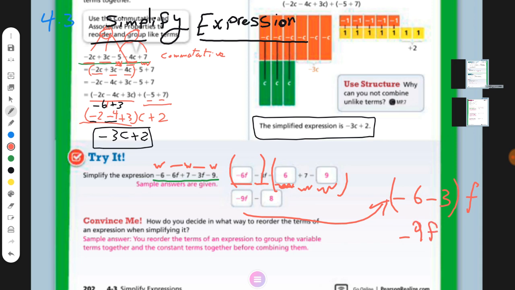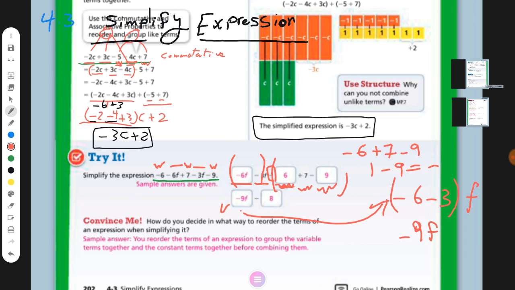What about the numbers? Minus 6, don't forget the sign. The sign belongs to 6, okay? Negative 6 plus 7 minus 9. Negative 6 plus 7, sign of big and subtract, so it will be positive 7, and subtract, 7 minus 6 is 1. 1 minus 9, sign of big and subtract, so the bigger here is 9, so it's negative. 9 minus 1 equals 8, so it's negative 8 as you see here.